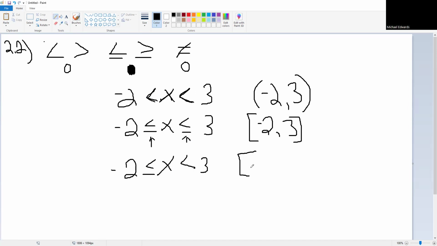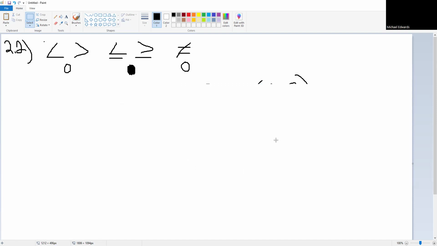And this would be bracket -2 and then 3, but then the parenthesis. Okay. Knowing those notations and applying them will help you through this chapter. So let's start applying them a little bit.